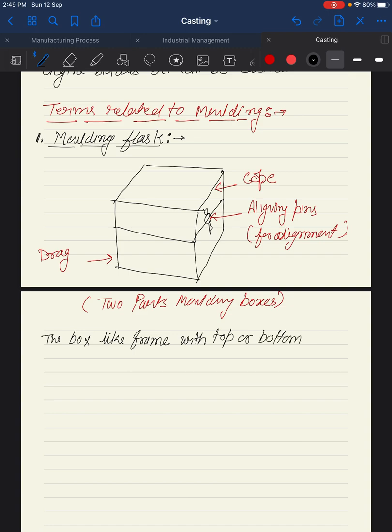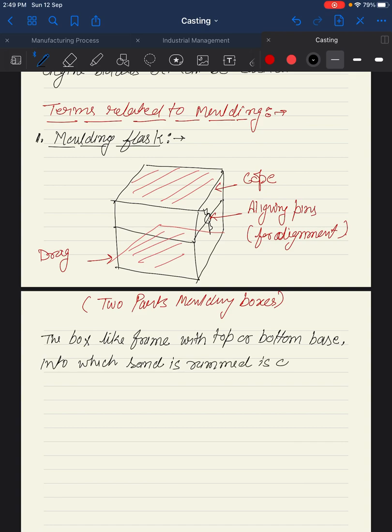It means this area is open and this area is also open. Okay, without top and bottom base, into which sand is rammed is called flask.